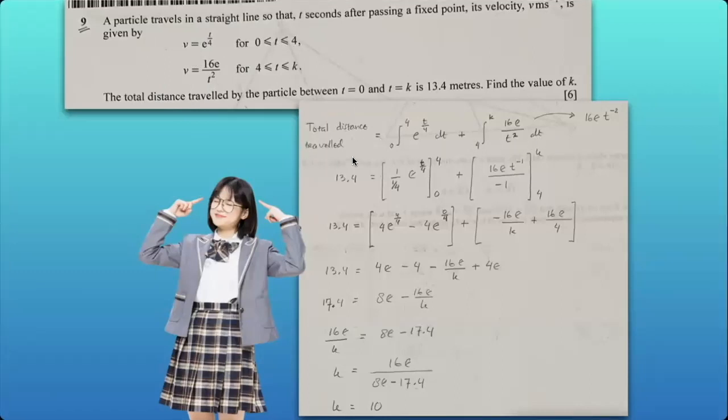And given the total distance traveled is 13.4, we integrate both of these, and then substitute the lower boundary and upper boundary of each expression to get these, and then solve for k. Therefore, k is equal to 10.